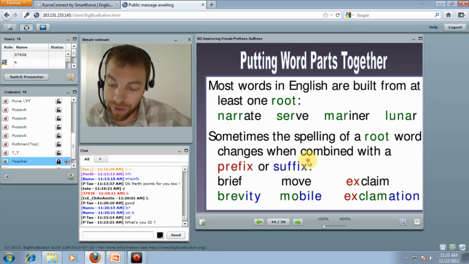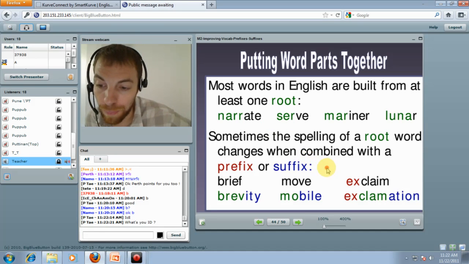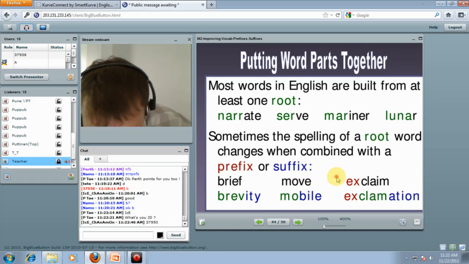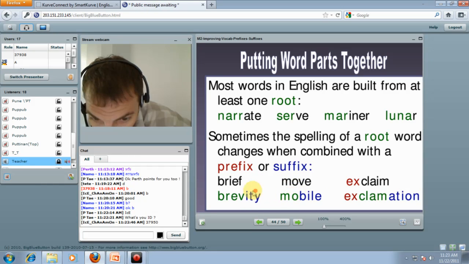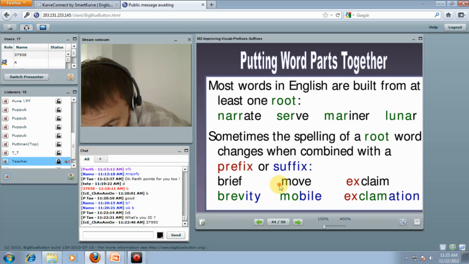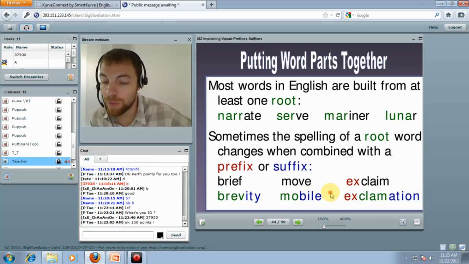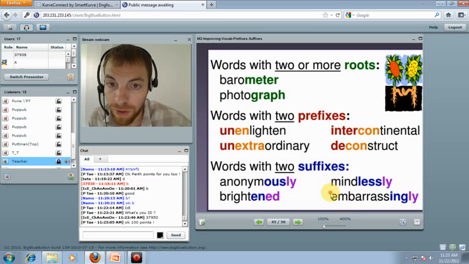English is a little strange sometimes. So a word spelling can change with the suffix. Only with suffix. Alright, so the example is brief becomes briefly, move becomes mobile, exclaim becomes exclamation.